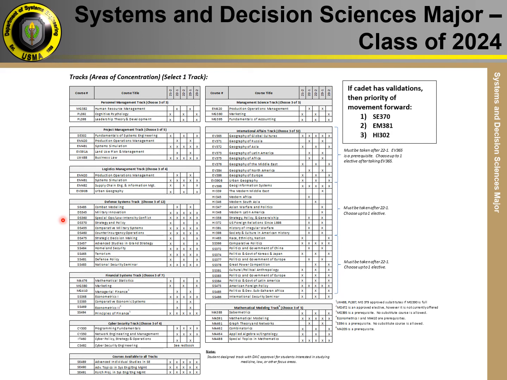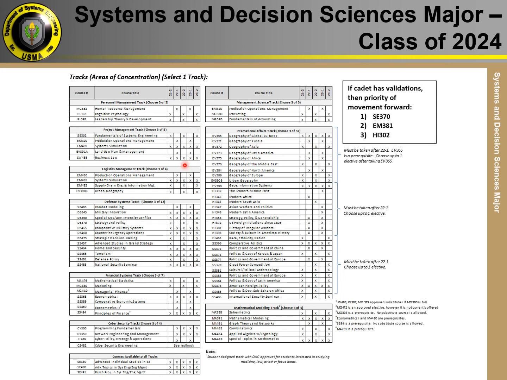Defense systems, a bunch of DSS classes, allowing you to both further your study technically as an engineer, but also take a good look at those DSS courses to round out any other interests you have. Financial systems, cybersecurity, mathematical modeling, and international affairs.